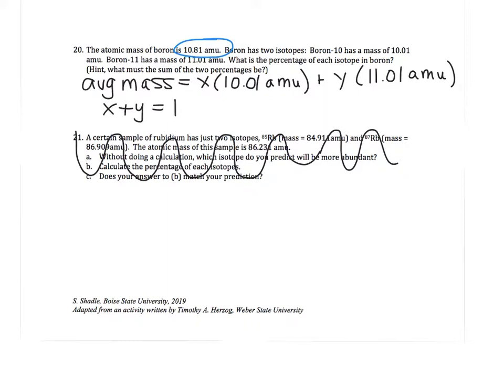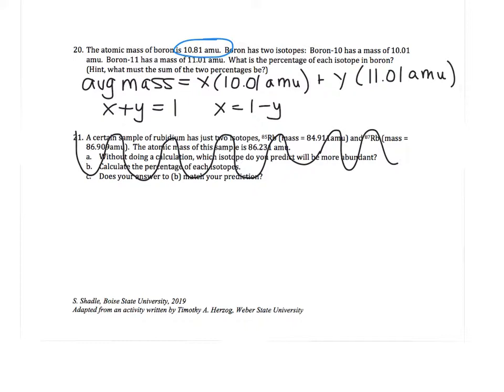So whatever the fractional abundances are, if this is 0.5 and this is 0.5, they have to add up to 1. Or this is 0.2 and this is 0.8, they have to add up to 1. So if X plus Y equals 1, we can do a little bit of rearranging to say that X is also equal to 1 minus Y. So I've subtracted Y from both sides.